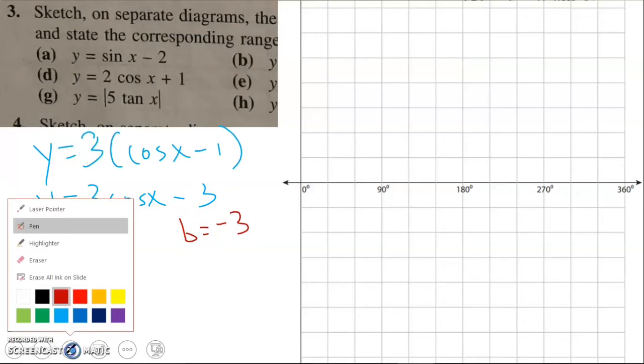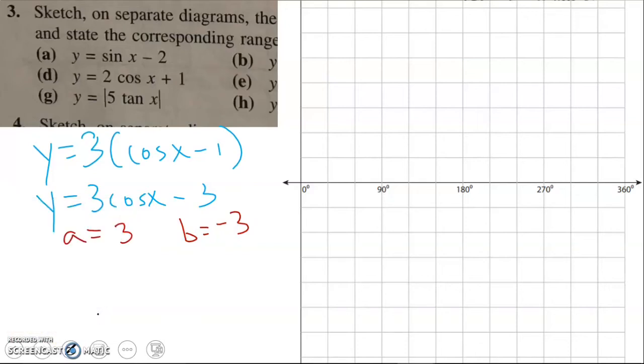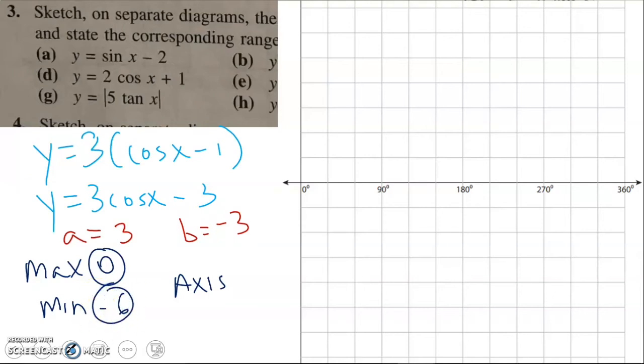Okay, based off of that, I can go ahead and label my max, my min, and my axis. My max would be negative 3 plus 3, well that's just 0. My min in this case is negative 3 minus 3, that would end up being negative 6. And my axis is just at negative 3.